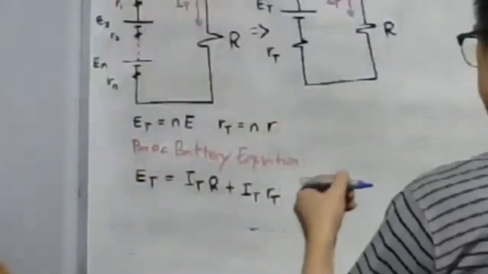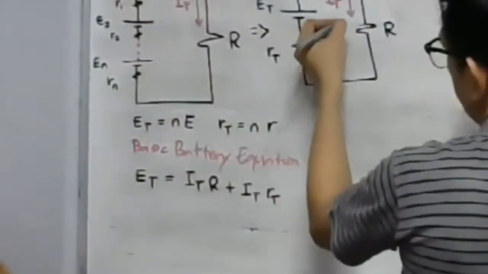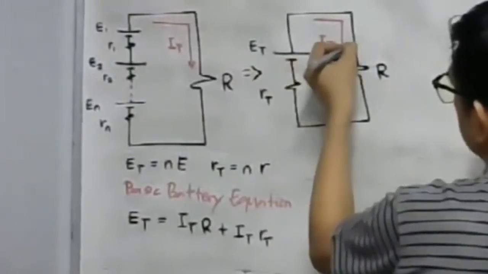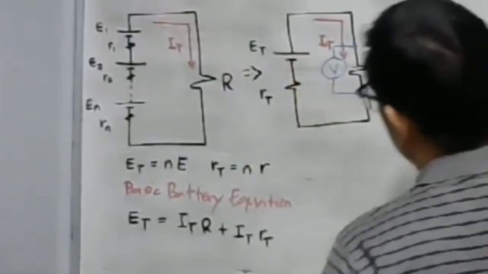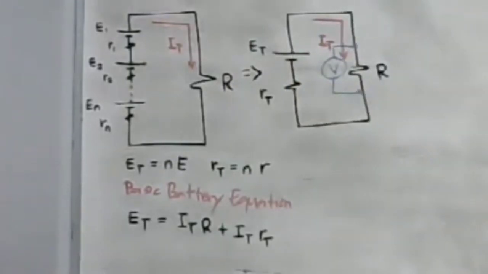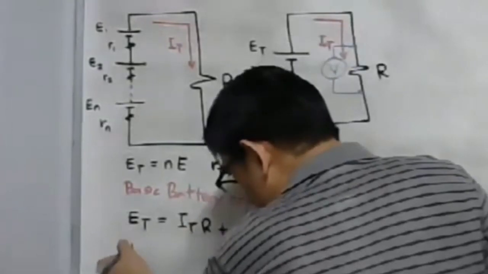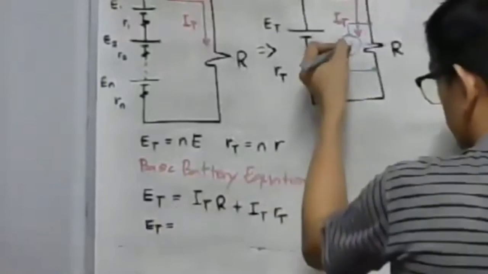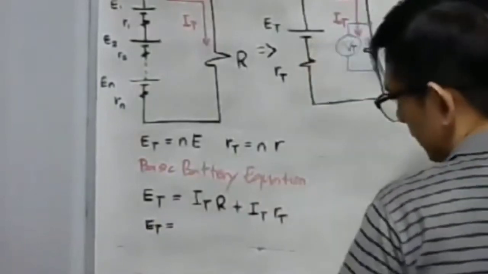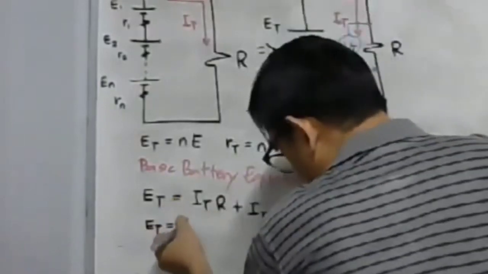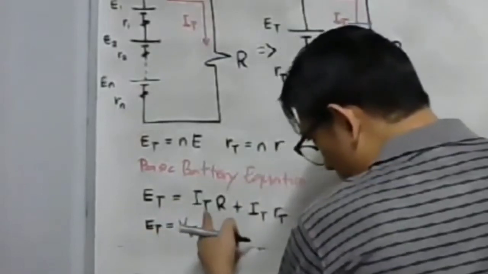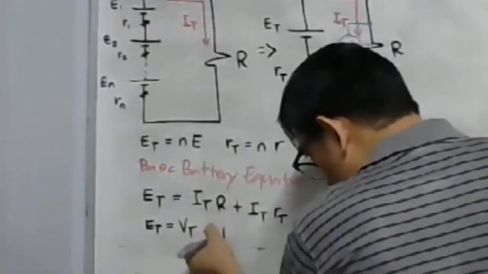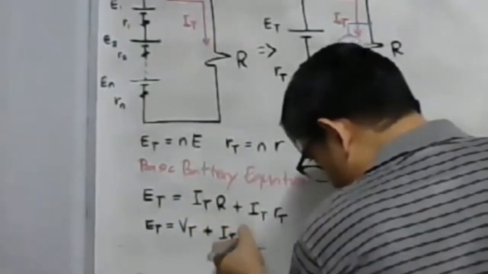Take a look here. We have here a voltmeter that is the value of voltage to the load resistance R. So therefore, our E total is simply equal to, let us take note that this is B total. The E total is simply equal to B total, because IT R is B total, plus IT multiplied by RT.